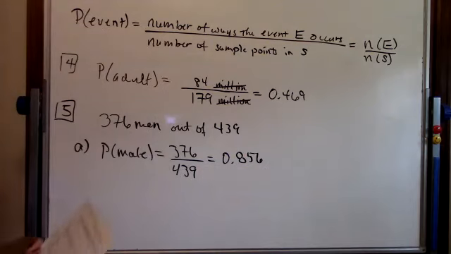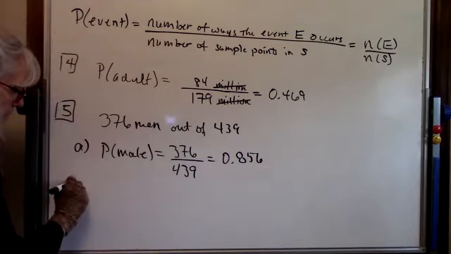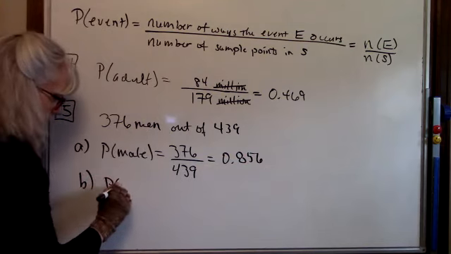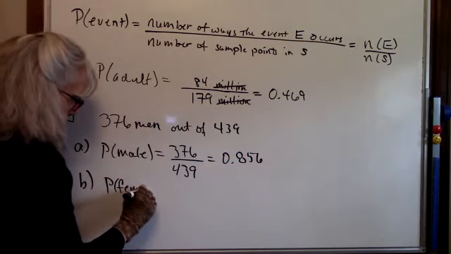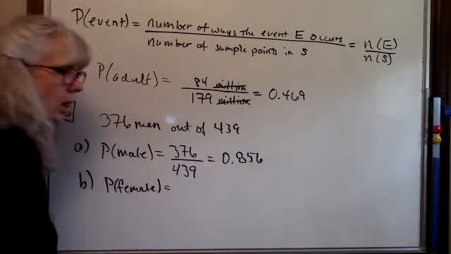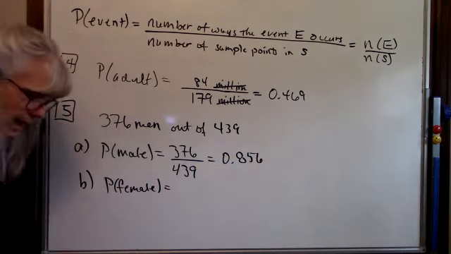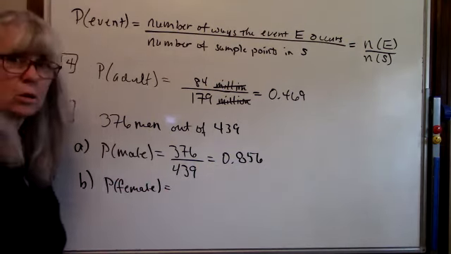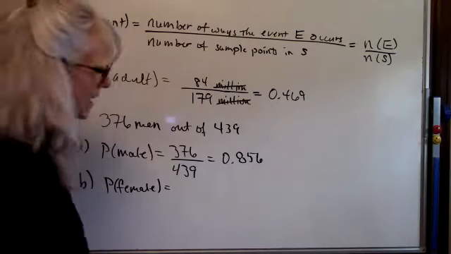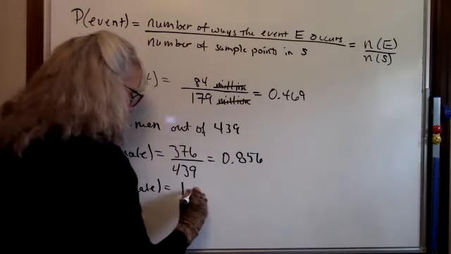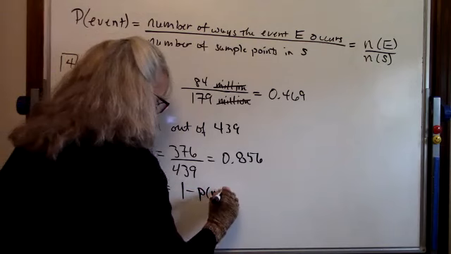What's the probability that a person killed by lightning is female? Now, we have a couple ways of doing this. I'm going to treat it as a complementary event, meaning the only thing that can happen here is the person killed was either male or female. No other possibilities are out there. So I'm going to treat this as 1 minus the probability that that person was a male.